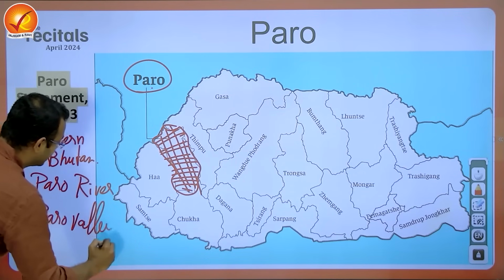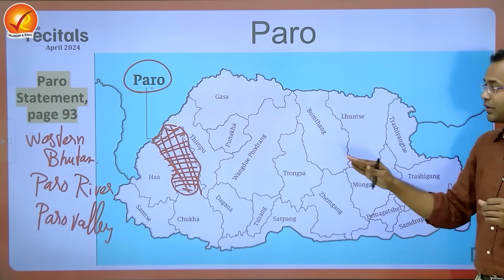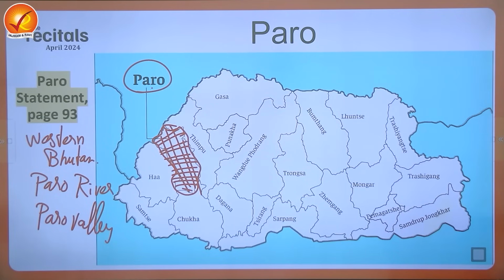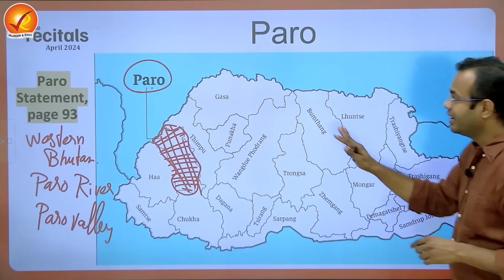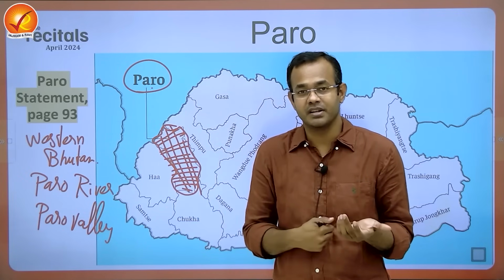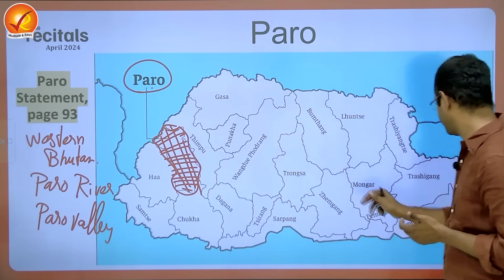All this comes under the name Paro. We have Paro as a region, Paro River, and also Paro Valley. All these are present in western Bhutan. It came in news because of the Paro statement, which is speaking about tiger conservation. We will discuss this under the topic of geography and environment.